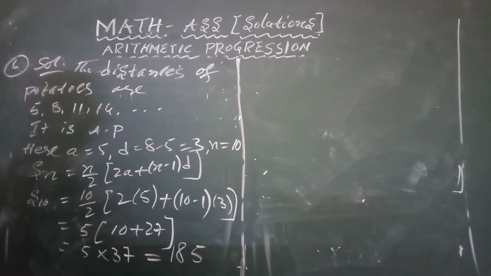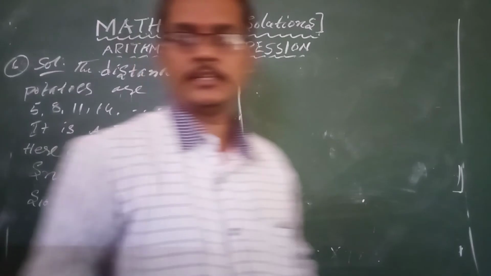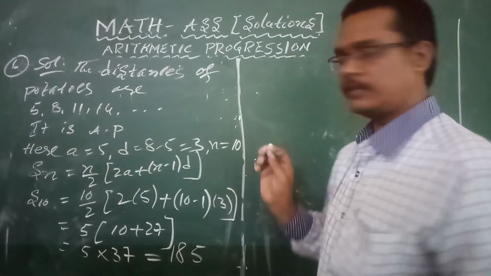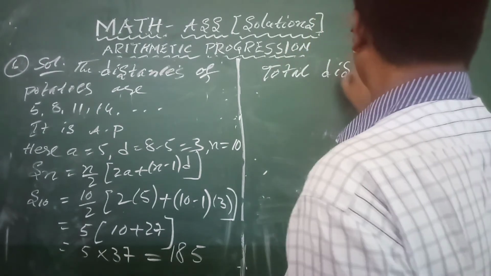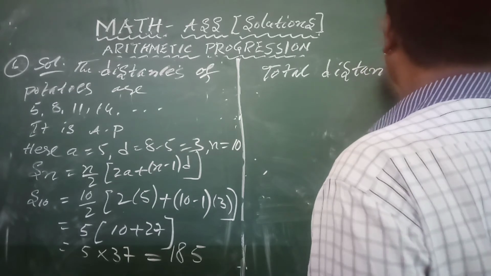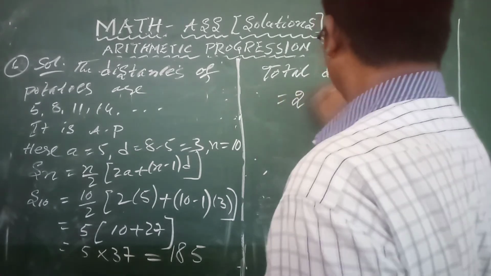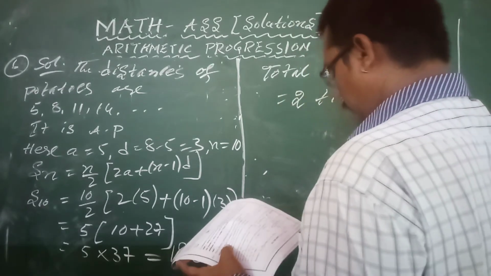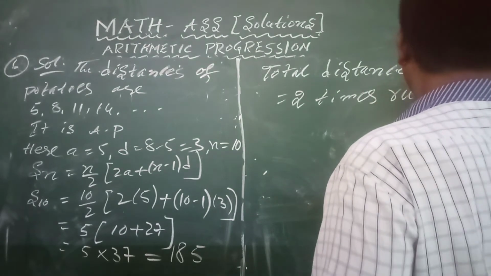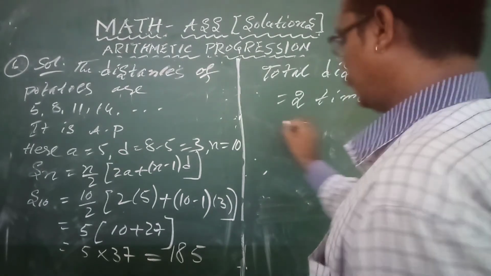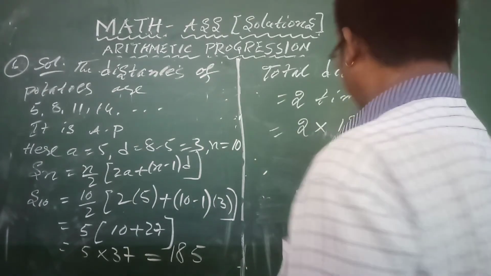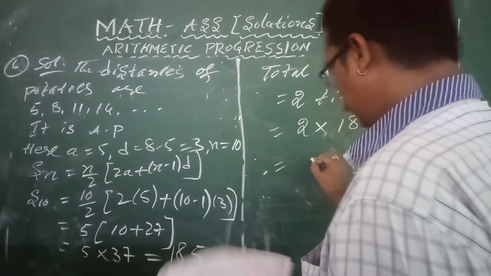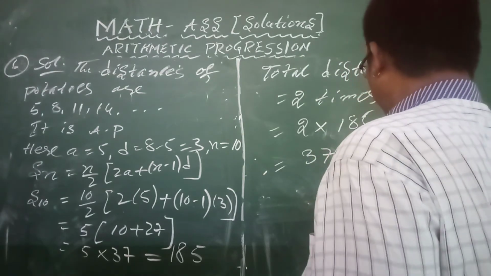5 into 37 is equal to 185. Now this potato total distance asked means 2 times, moving that side and coming back. So total distance is equal to 2 times running. 2 times running means 1 time is 185, 2 times means 2 into 185. 2 into 185 is equal, you will get 370 centimeters.